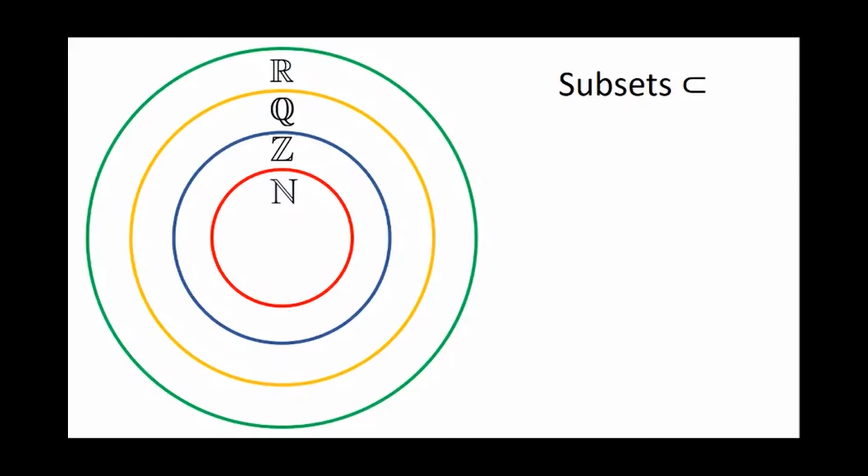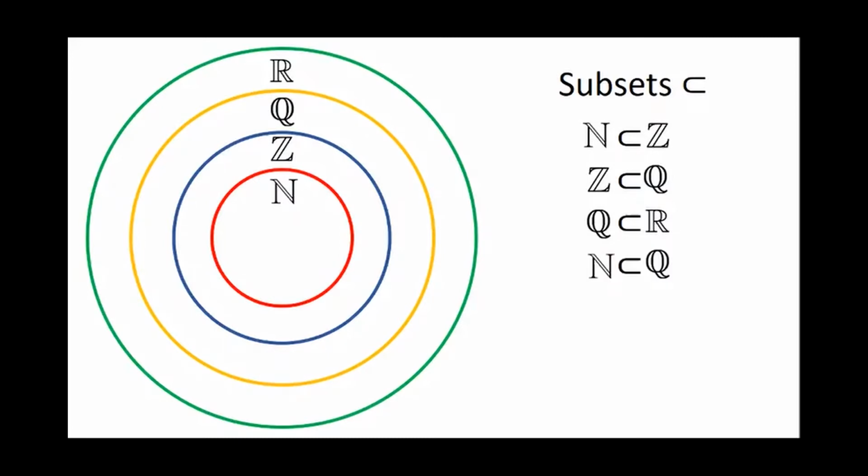So as all of the members of the natural numbers are also members of the integers, we say that N is a subset of Z, and you write it like this. And then as all integers are rational numbers, we can say Z is a subset of Q. And as all rational numbers are real numbers, we say Q is a subset of R. So notice how, as all natural numbers are integers and all integers are rational numbers, then all natural numbers will also be rational numbers.